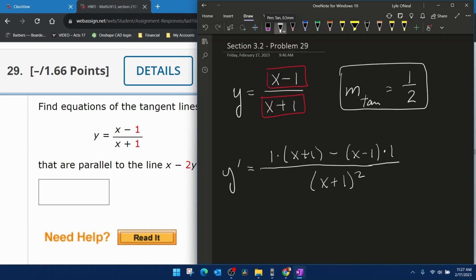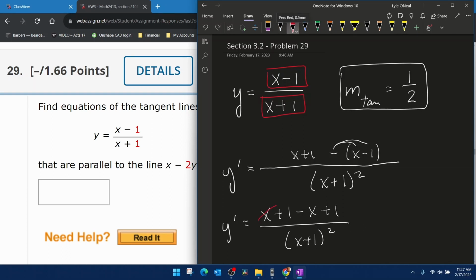And then we need to clean this up a bit. So we know that 1 times anything is itself. So I'm going to be left with x plus 1. And then this negative is going to need to distribute and change the signs. So we'll have x plus 1 minus x plus 1, all over x plus 1 quantity squared.